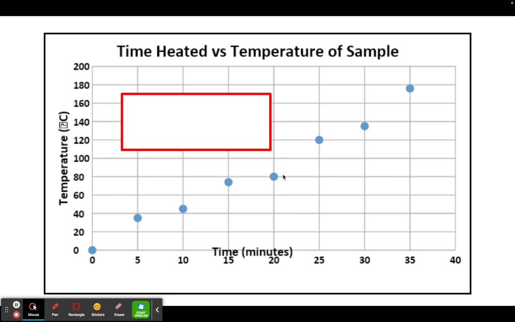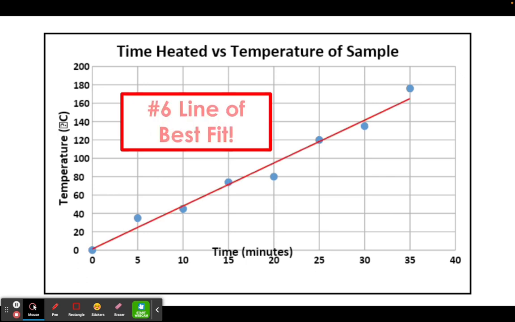Okay, so here again, if we're looking at this graph, the question is, what else is missing in this graph? We hit on a few things. What else is missing? If you said best fit line, you would be correct. So number 6, we need a line of best fit. What does that mean?